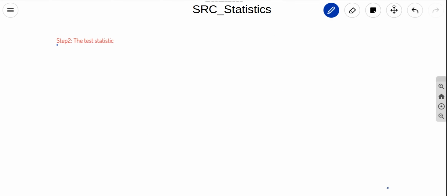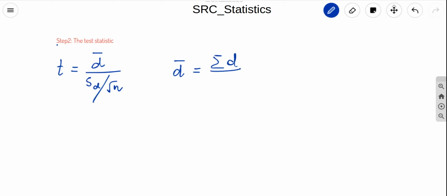Step 2 is the calculation of the test statistic. The test statistic formula for the paired t-test is given by t equals d bar divided by SD divided by square root of n. What is d bar? d bar is summation d by n, so the average difference.